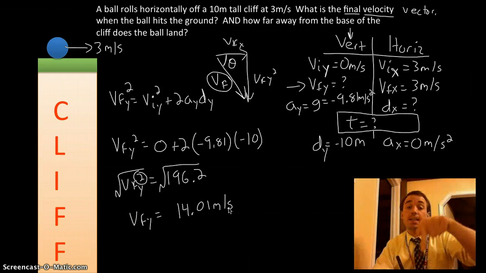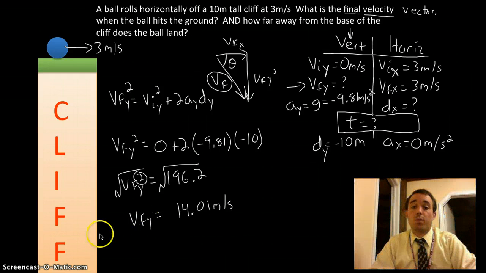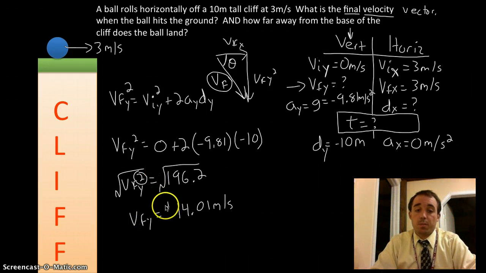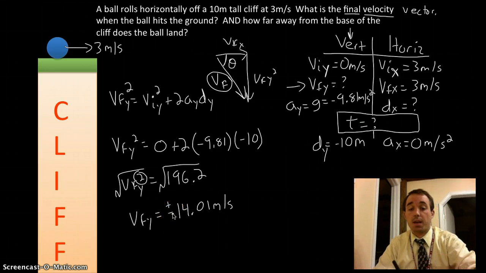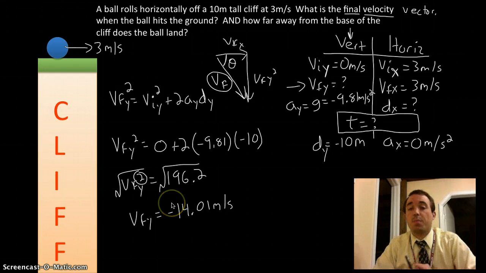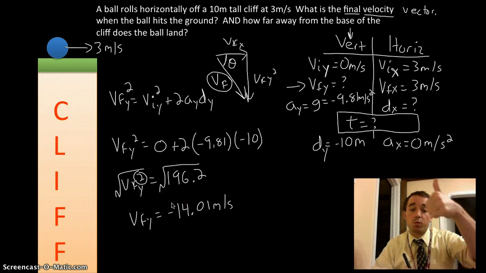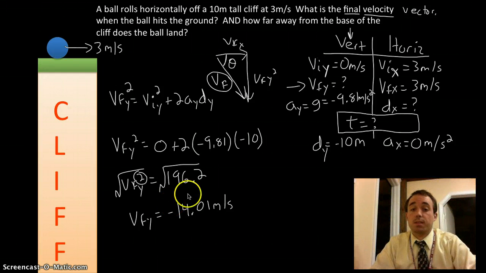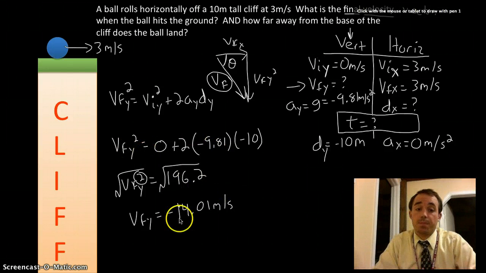But because the ball's ending down, it's falling downward, this really is plus or minus. Upwards would mean plus, downward, since it's falling down, we get our minus sign.